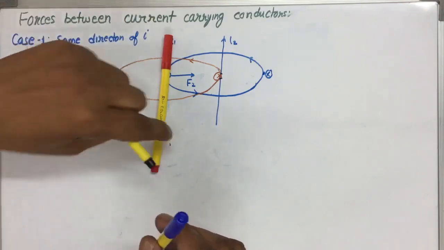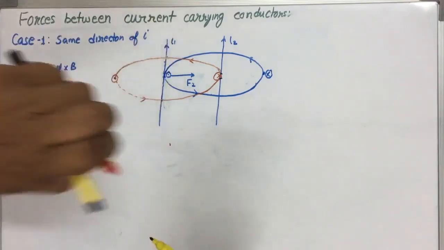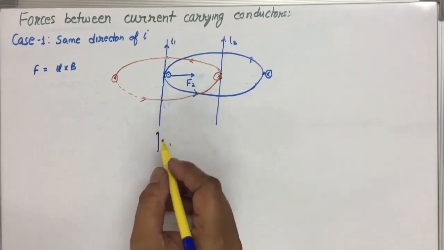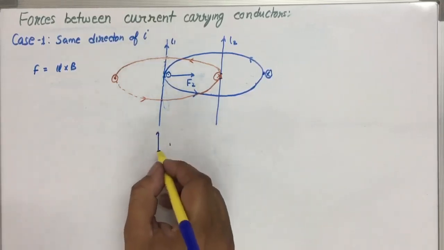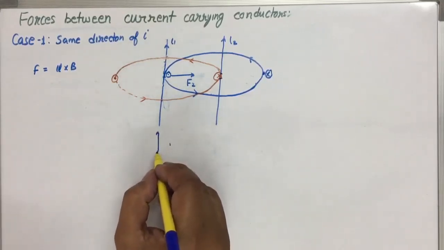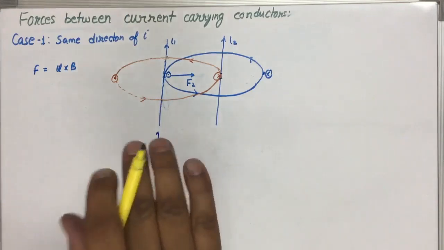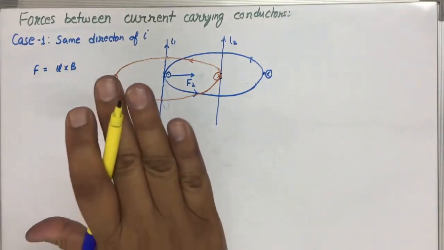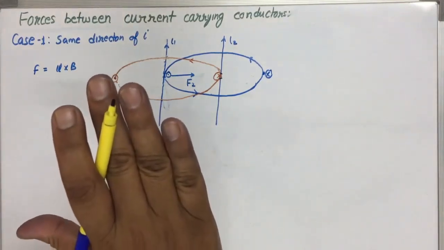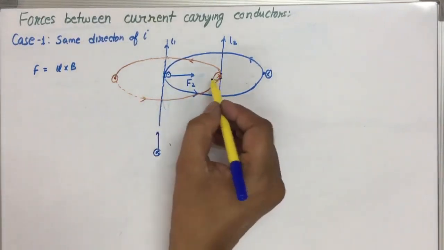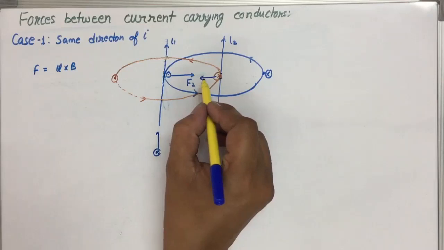So the condition will be somewhat like this. I is in this direction, I dl, and the field is just downward. How can I represent it here? Downward. And if the field is here, then the force direction will be I dl cross B. So at this point, the force direction will be this one.